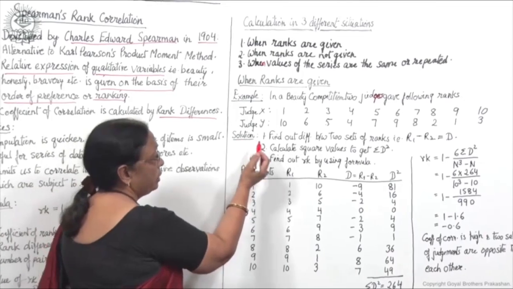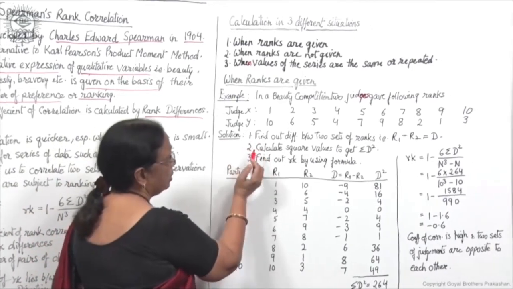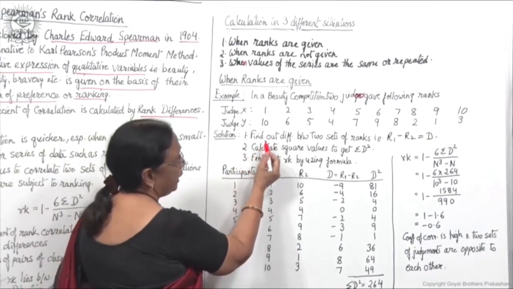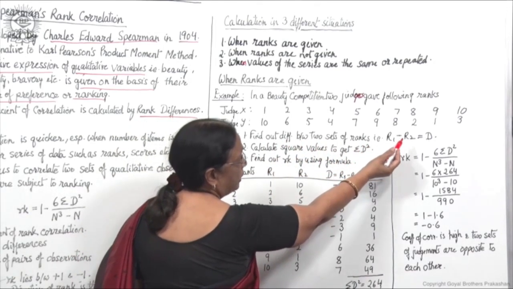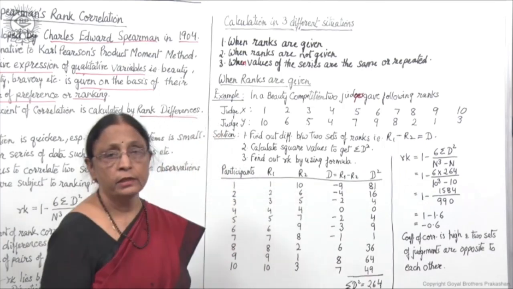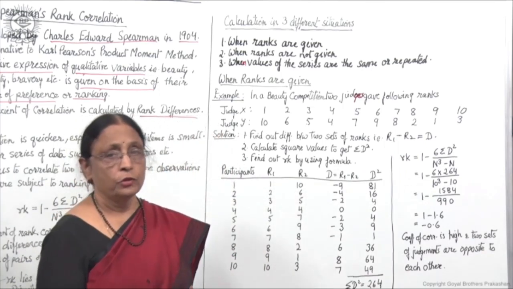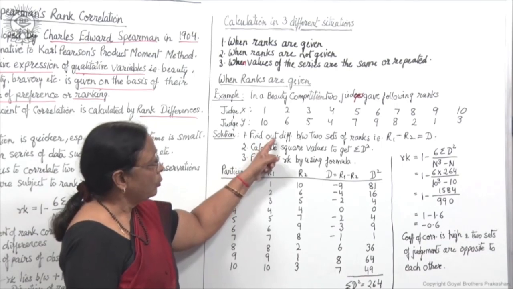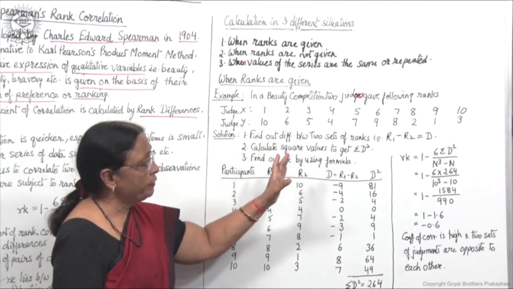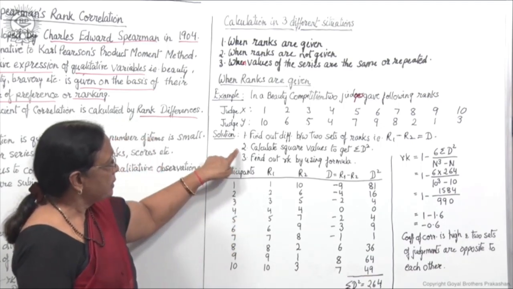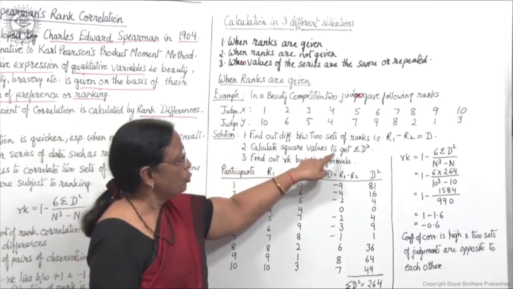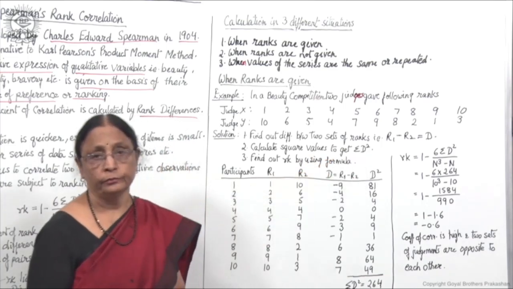Now solution here, the steps are these. First, find out the difference between two sets of ranks, that is R1 minus R2, and name it as D. So we will find out R1 and R2 and the difference between the two, and we will name it as D. Second step is calculate square values to get sigma D square.